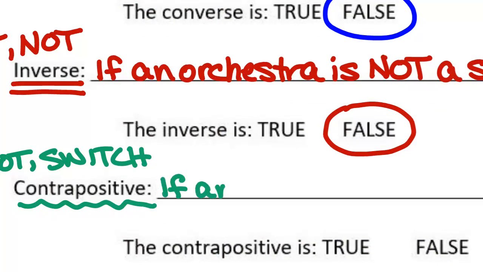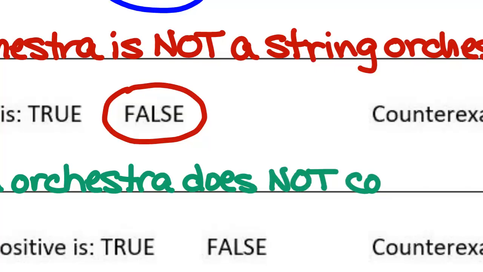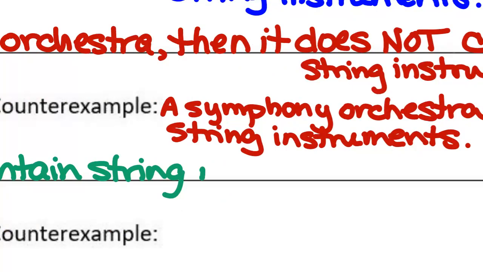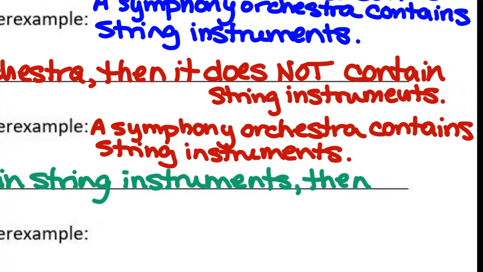If an orchestra does not contain string instruments, then it is not a string orchestra.